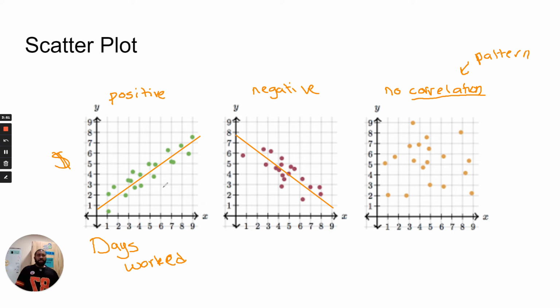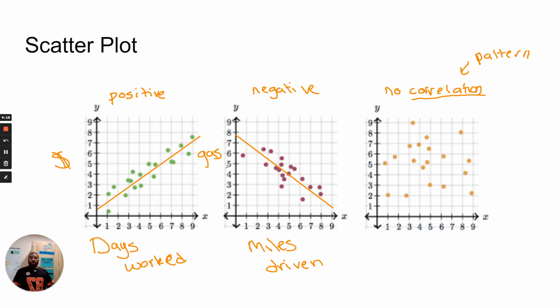Try and think of an example of a negative correlation. So an example of a negative correlation might be miles driven and gas. As you drive more miles, the amount of gas in your car is going to decrease.